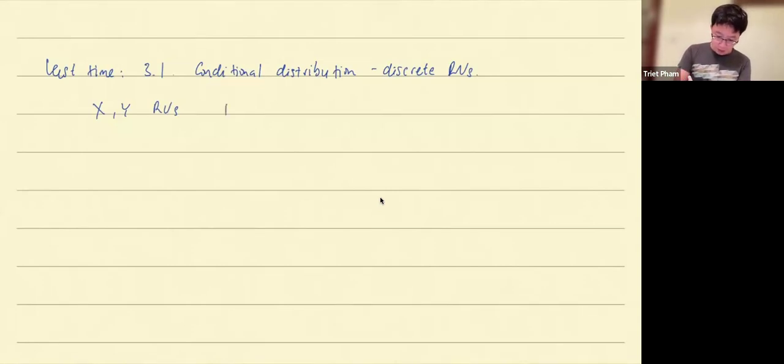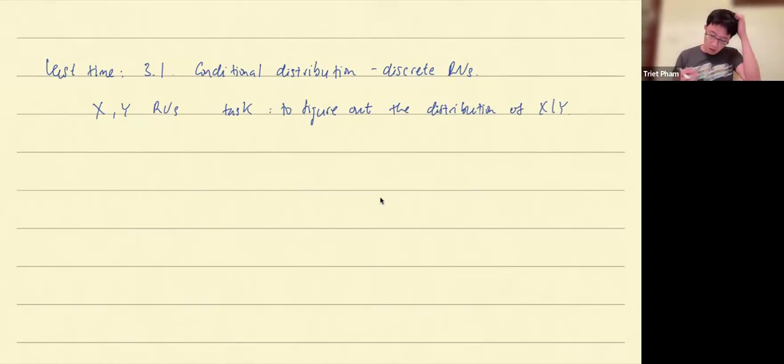The task is to be able to say what the distribution of X given Y is. Well, how can you do it? The most straightforward way is by definition, but it doesn't always have to be the case.